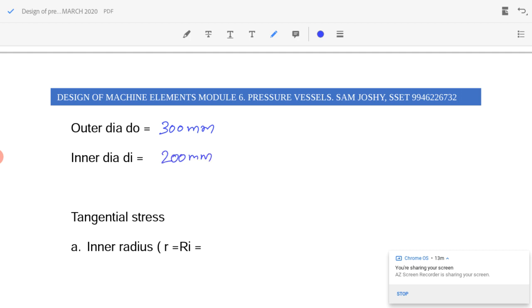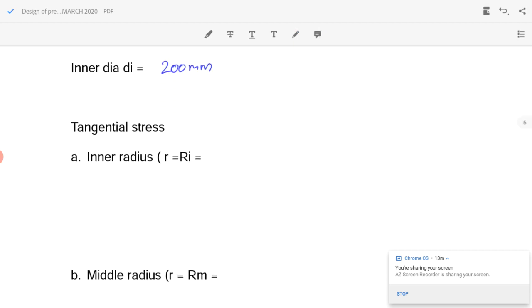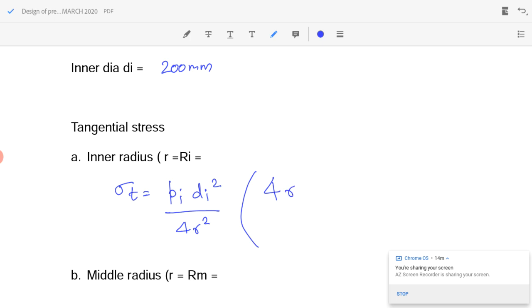Our equation for tangential stress: sigma T equal to Pi Di square divided by Do square minus Di square, into 4R square plus Do square divided by 4R square. Pi is the internal pressure, Di is the inner dia.